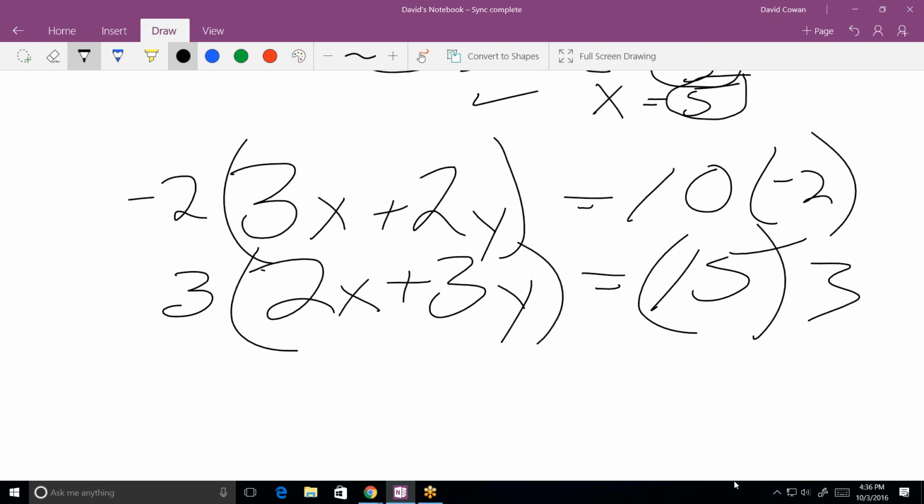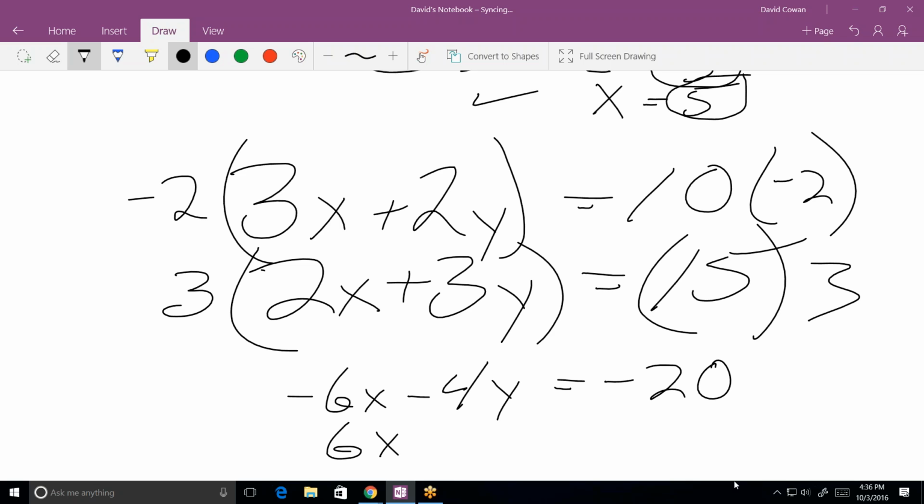Well, what does this give me? It gives me -6x minus 4y equals -20. The bottom gives me 6x plus 9y equals 45. Now I can add the two equations and I get 5y equals 25. y must be 5.